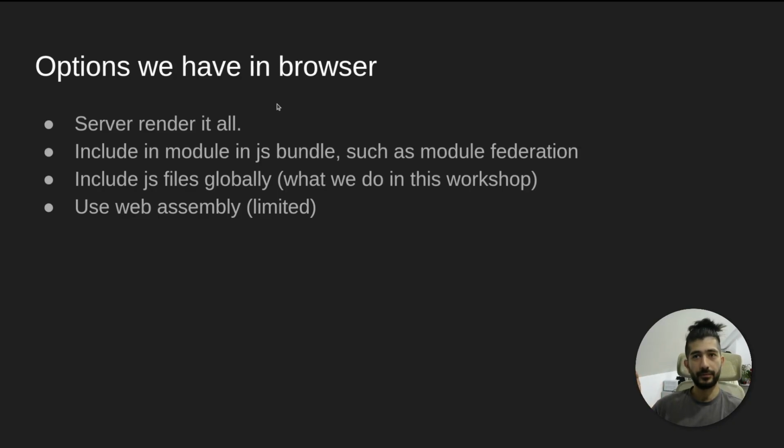So options we have in the browser: one, we server render it all. Instead of having an SPA and then React or whatever it is, just have a backend MVC process which takes every route, and then the plugin system works there and modifies the HTML coming down to the browser.